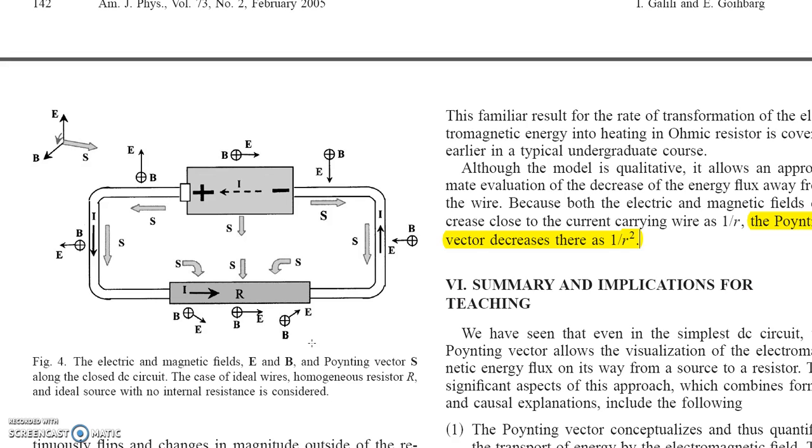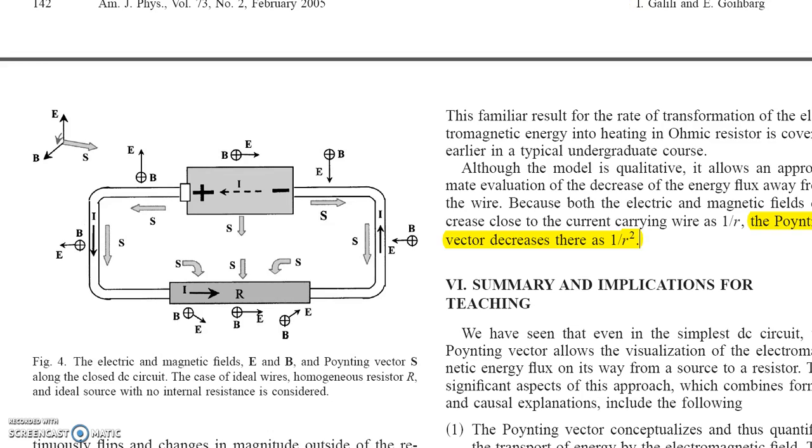So you get a quite remarkable result. The energy is flowing out of the battery in both directions, outside the wire, and then into the resistor or light bulb. It can flow also straight across.